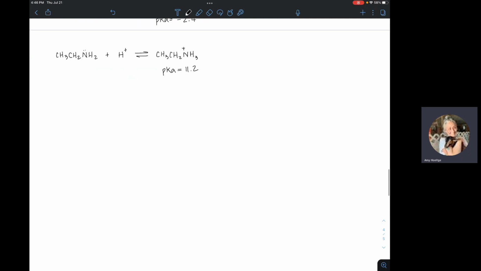But I do want to show you a few reactions that you can do. Because these are good bases, we can allow them to react with acids to form ammonium salts.